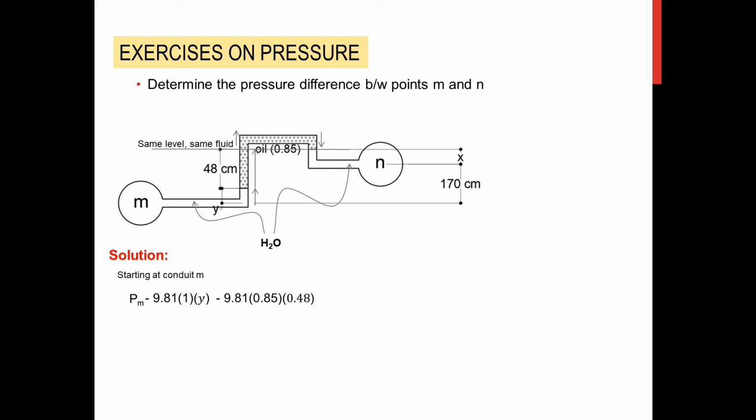Going up and going down will just cancel that expression. So therefore, we can proceed to moving downwards further at the level of N, and the involved liquid at that side is water, having a head of X. We can now equate to end pressure Pn.